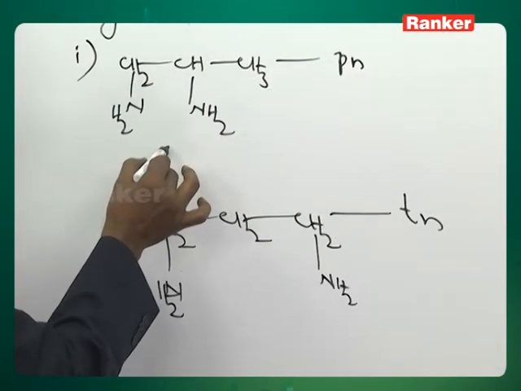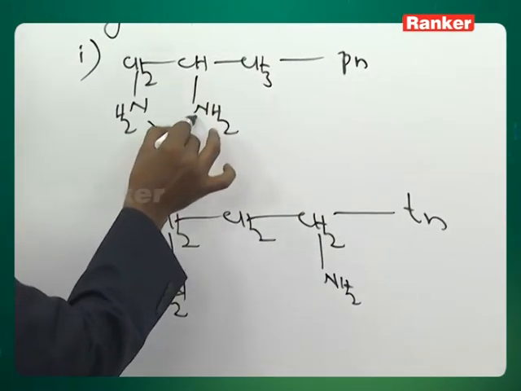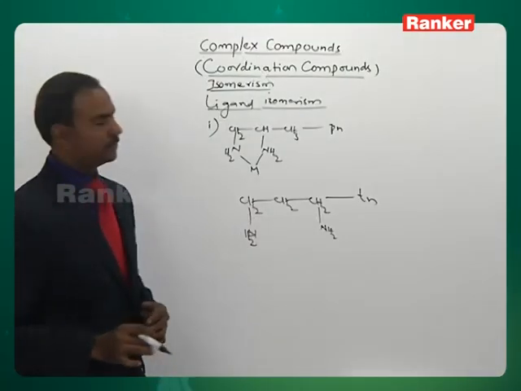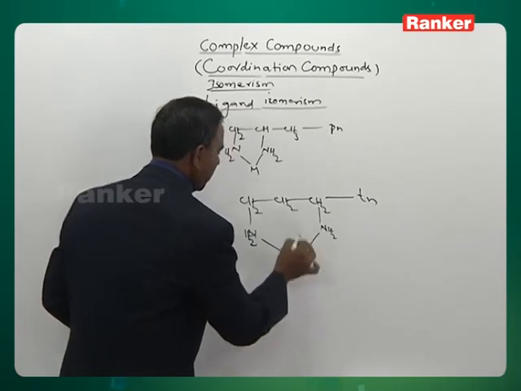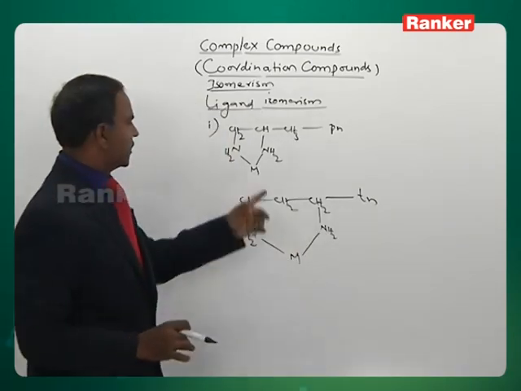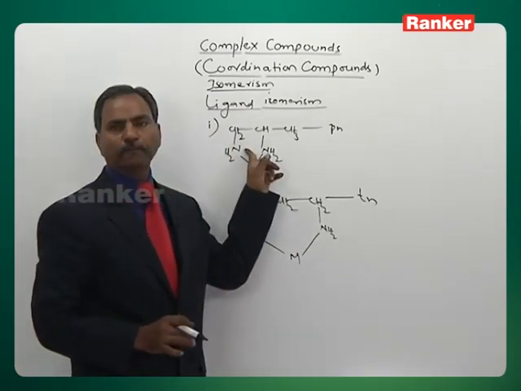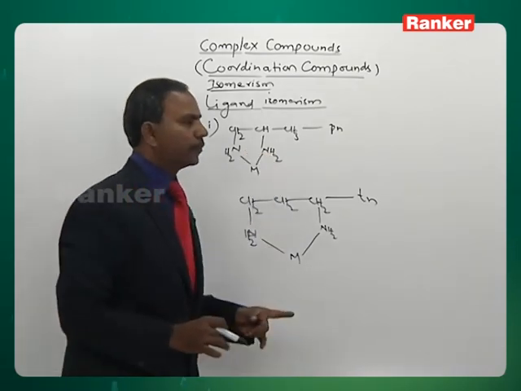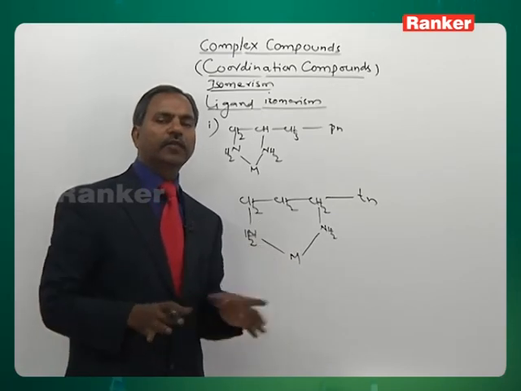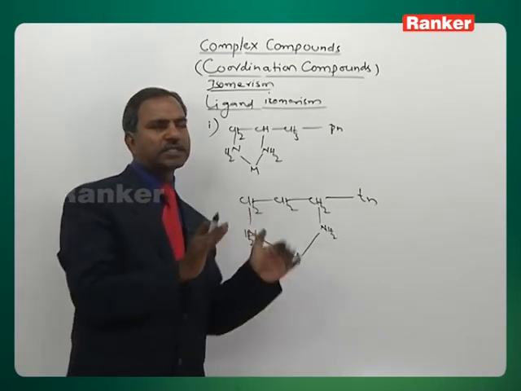See how: suppose the two donor atoms of this one link to the metal like this, and here the two donor atoms are linked to the metal in this way. This is a 5-member ring and this is a 6-member ring. The ligand is the same, but once the linkage to the metal differs, the ring size differs.